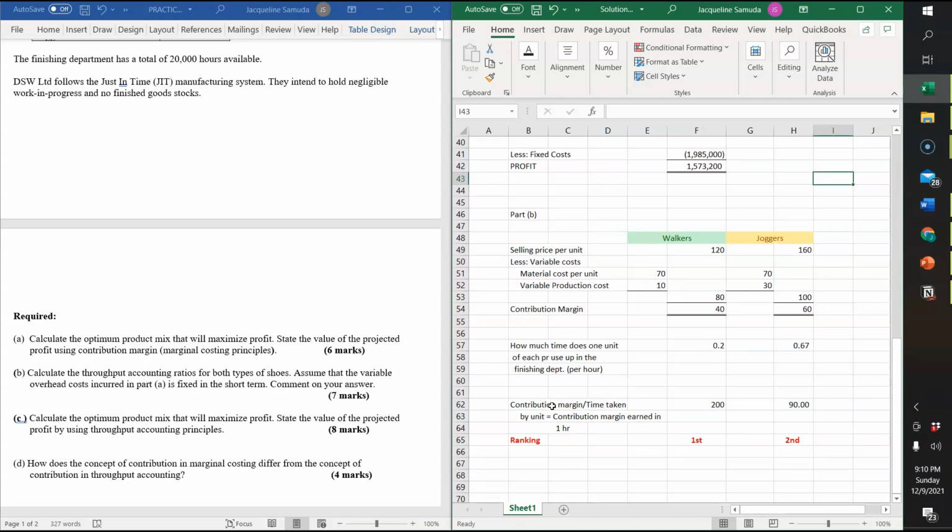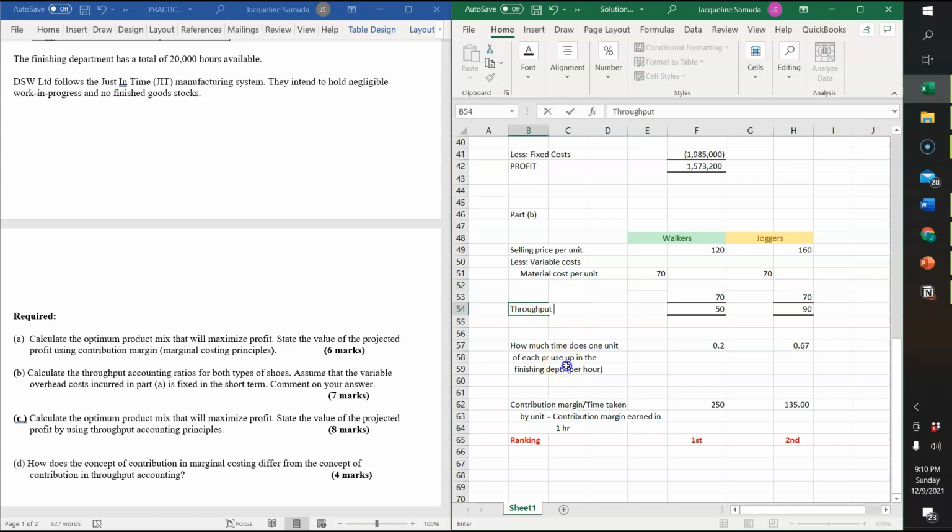Now in part B, we're going to have to remove this row. Because if you recall, throughput is selling price minus the variable cost. And the only real variable cost as far as throughput is concerned is raw material. So I'm going to change this title to throughput.